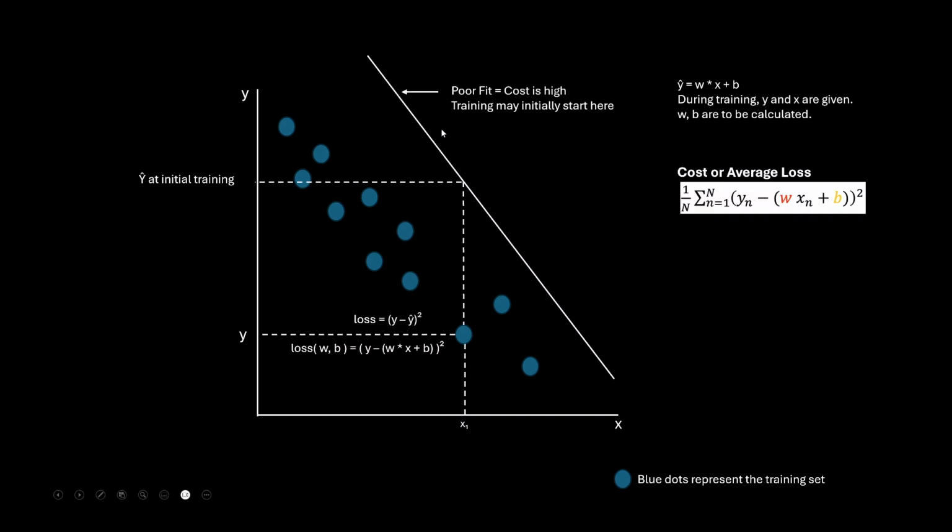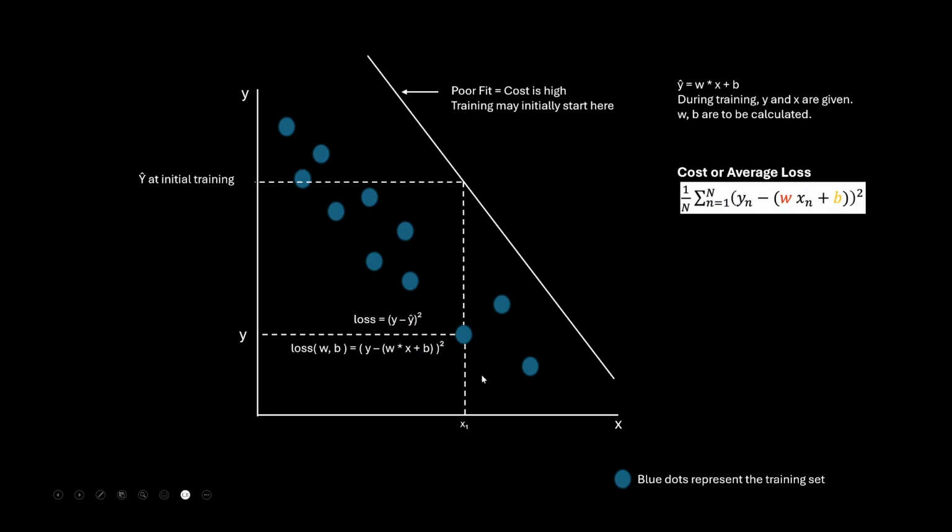So the line may start somewhere here. Why? Because we are randomly selecting the weight and the bias. It can start somewhere in two-dimensional space.